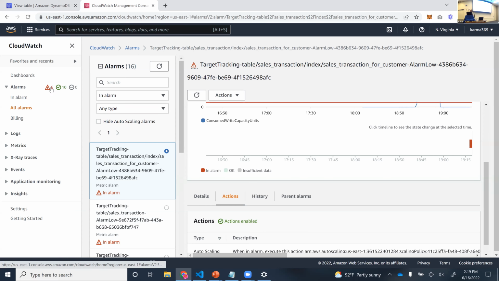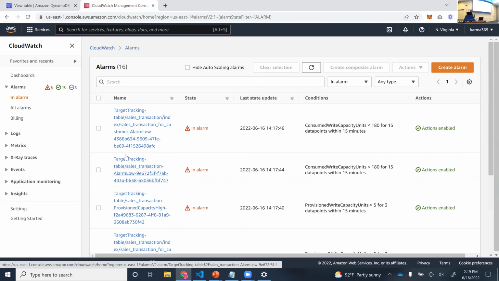For one of our tables, the spike was too high, we were not able to see the scaling happen, and there was throttling. So we actually created our own scaling for the table. We disabled the auto scaling on the table, but then we created a lambda function and created alarms.